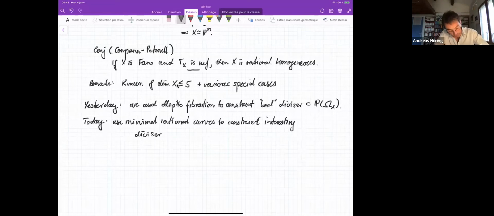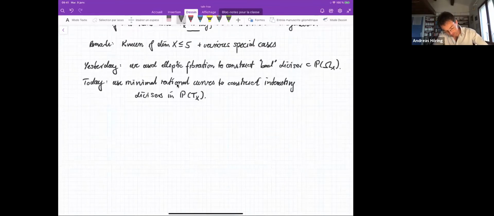Let me first recall what a minimal rational curve is. A rational curve f from P1 to X is said to be minimal if I have two properties.